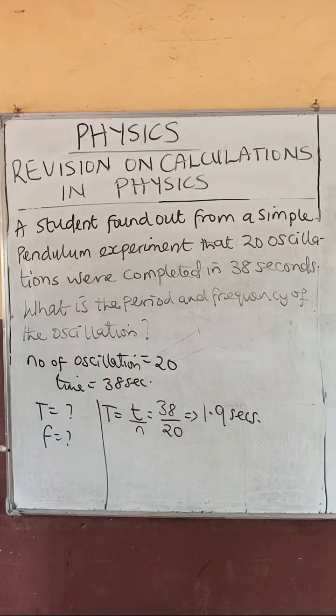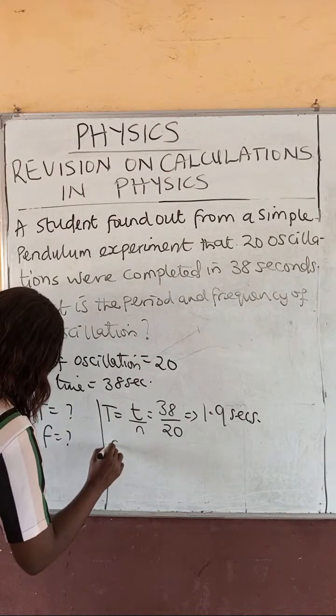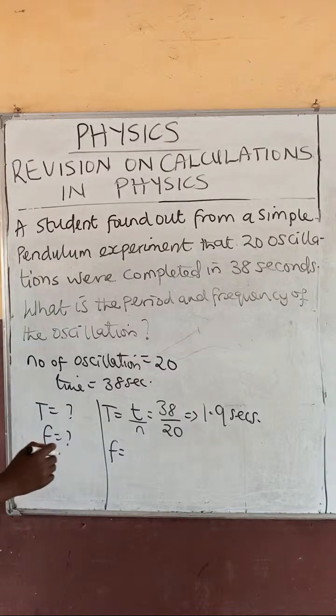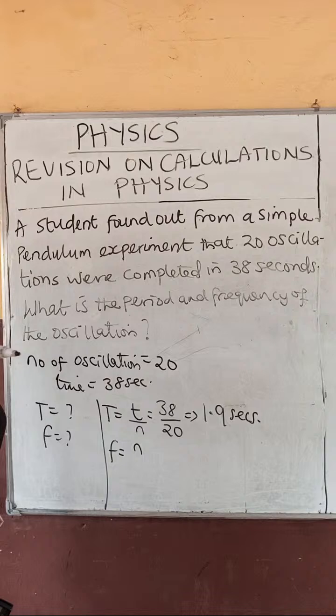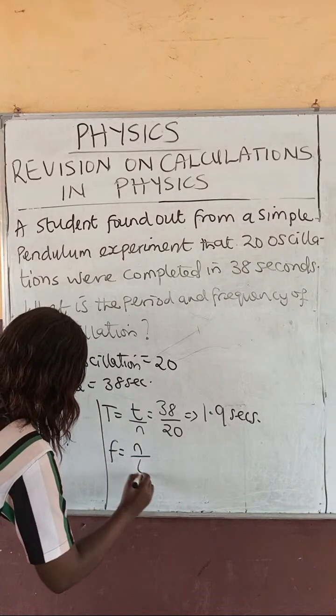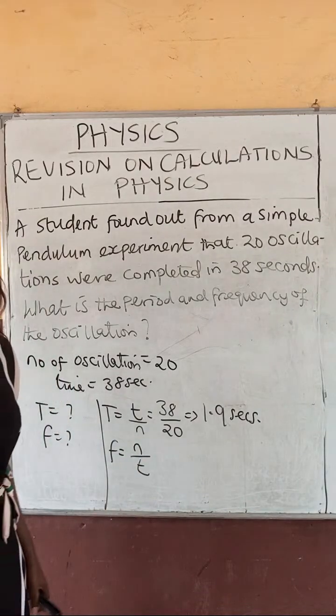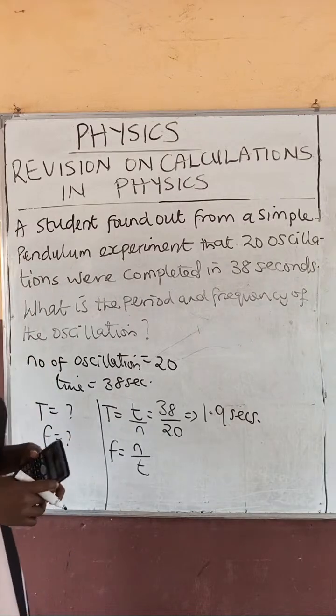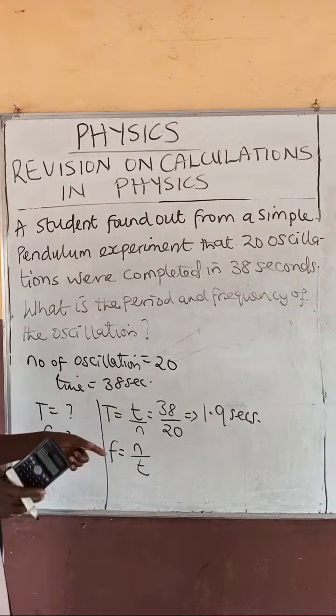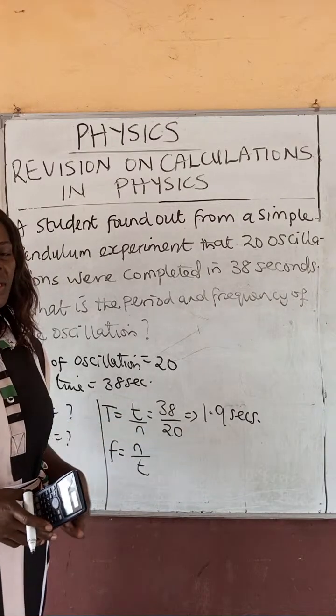All right, so my frequency is equal to the number of complete oscillations that a particle makes in 1 second. That is N over what? T. And I told you yesterday that frequency and period are inversely proportional to each other. So I can also say 1 over T is still going to give me the same answer.